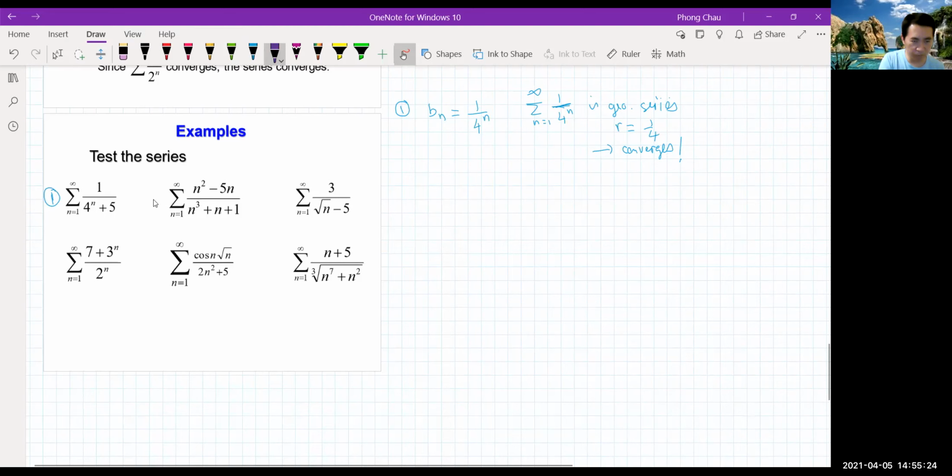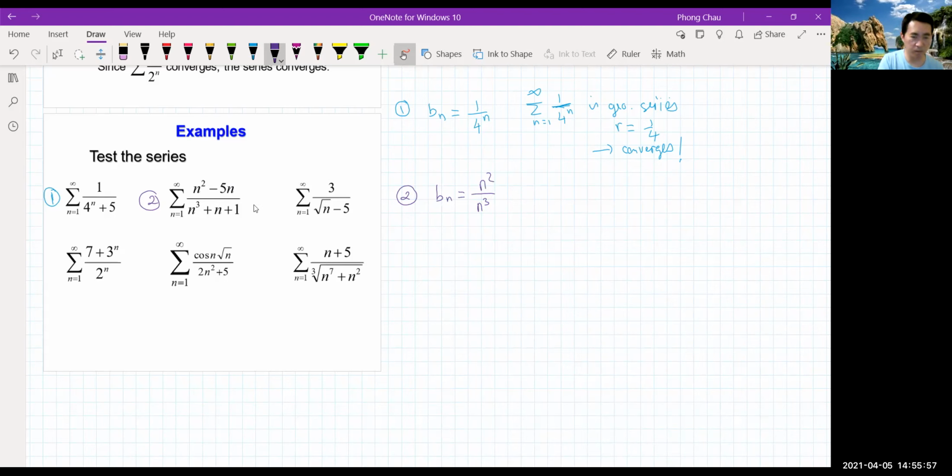If you look at number 2, n squared, n cubed, see this polynomial, you're going to drop the -5n. That one is very small compared to n squared. So again, by keeping the significant or dominant terms, I have n squared dominant at the top, n cubed dominant at the bottom, right?